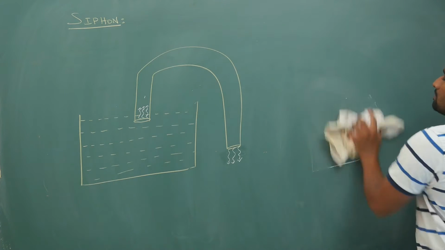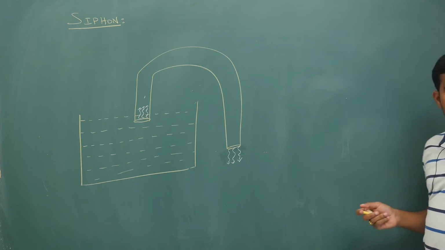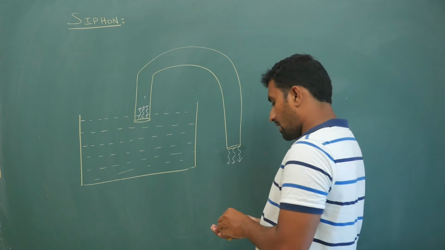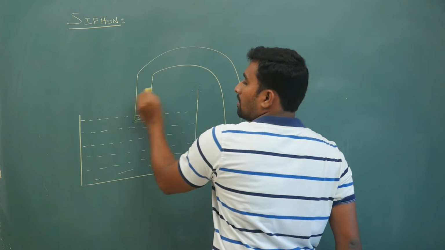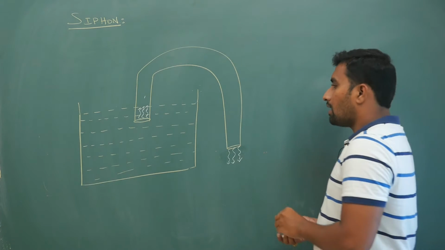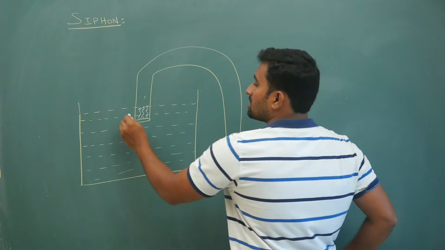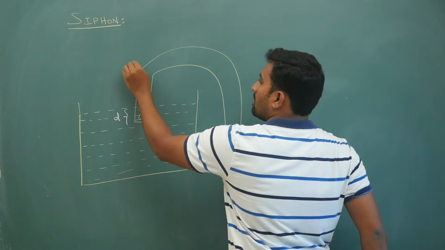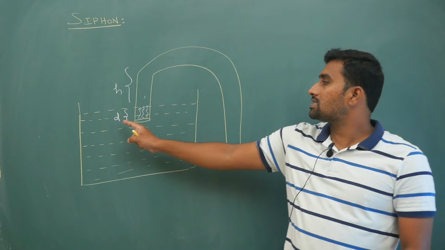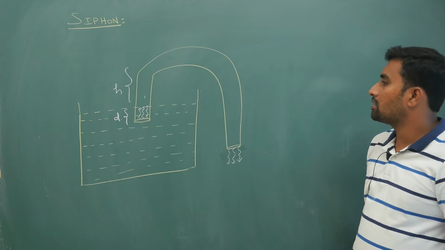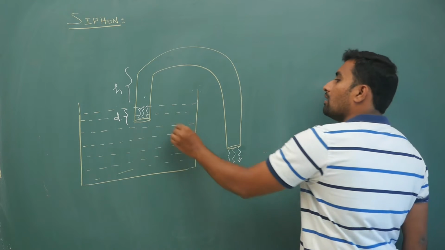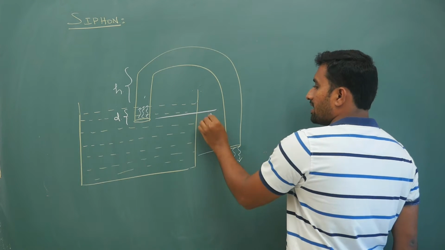Now in the siphon part, you will have questions like, what is the maximum final height of the liquid. Suppose you look at this distance as d and this distance as h, and between these two points as y.